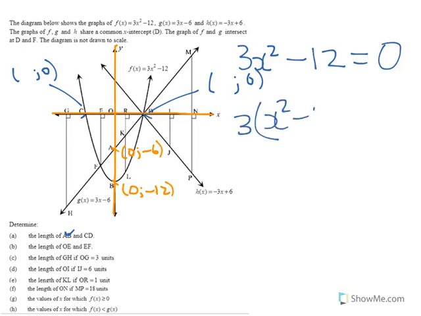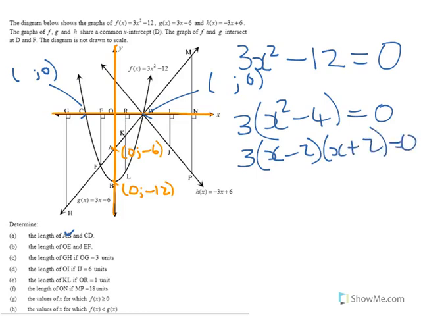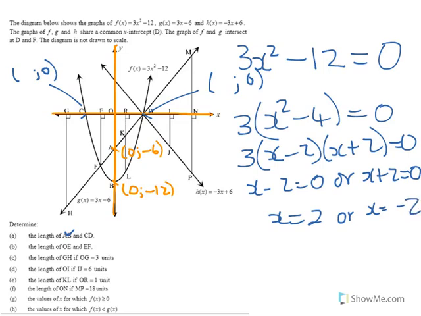Factor out common 3, and then x minus 2 times x plus 2 is equal to 0. So that means that either x minus 2 must be 0 or x plus 2 must be 0. And so then x is equal to 2 or x is equal to negative 2.